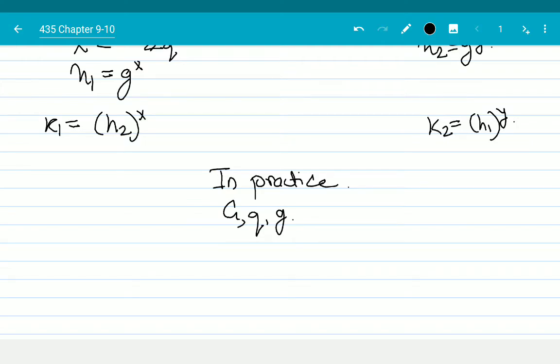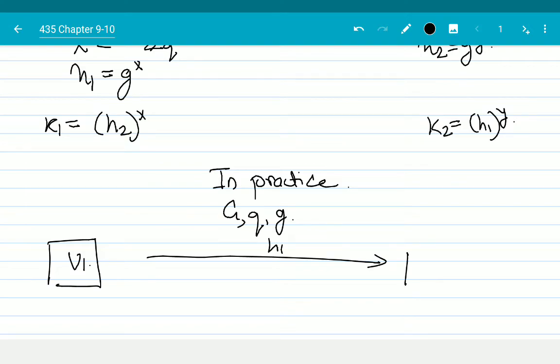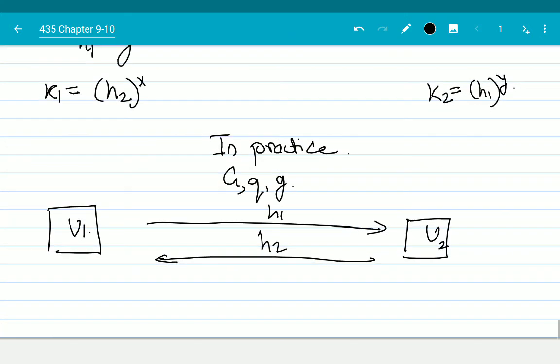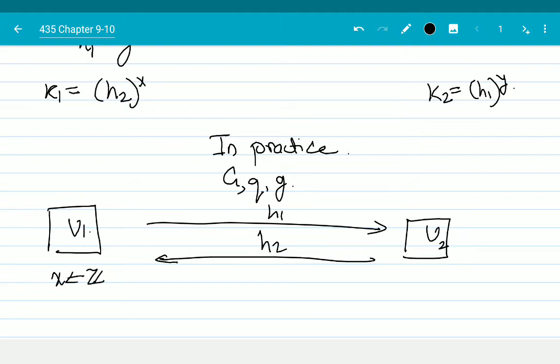The user U1 sends h1. User U2 sends h2. How are they doing it?